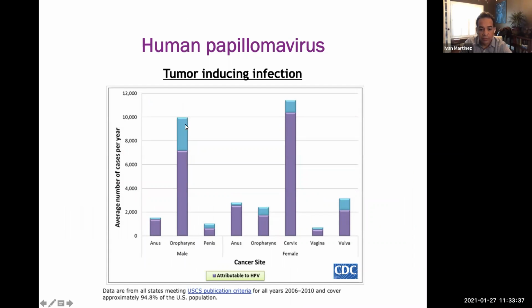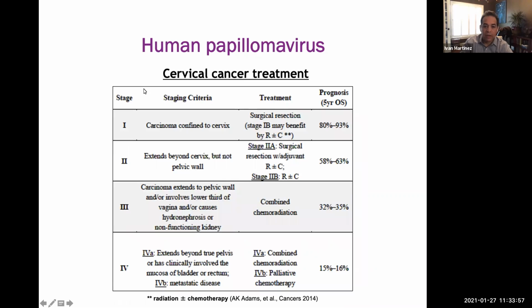Papillomaviruses not only infect females, but infect males. And you can see here oropharyngeal cancers in males. A good percentage is attributed to HPV. Meanwhile, of course, most of cervical cancer is related to HPV infections.